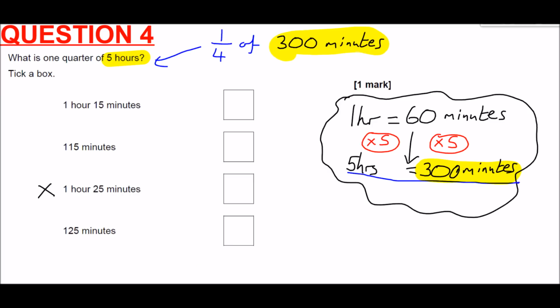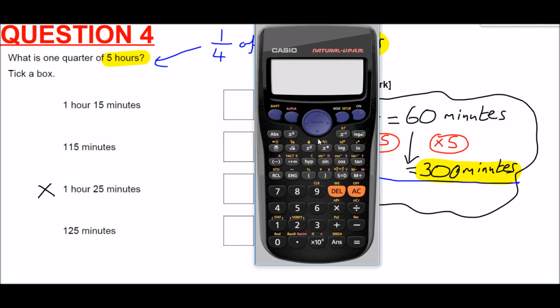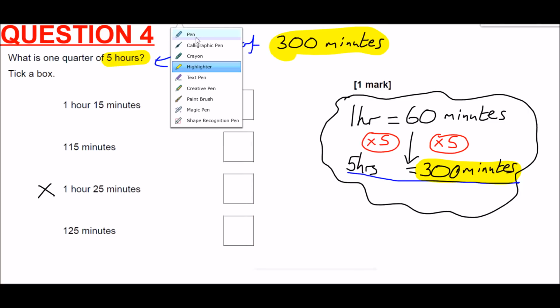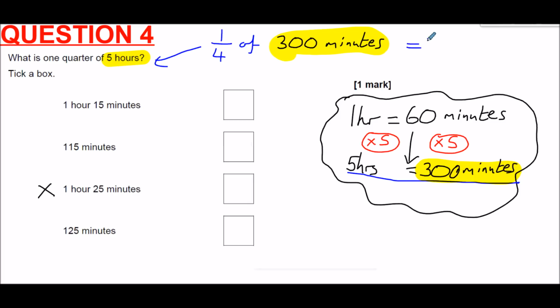So if we work out 1/4 of 300 minutes, 1/4 of 300 will be 75 minutes. So an hour is 60 minutes. So if we take away 60 minutes, you'd have 15 minutes left. And so 75 minutes, which is 1/4 of 300 minutes, is the same as 1 hour, 15.